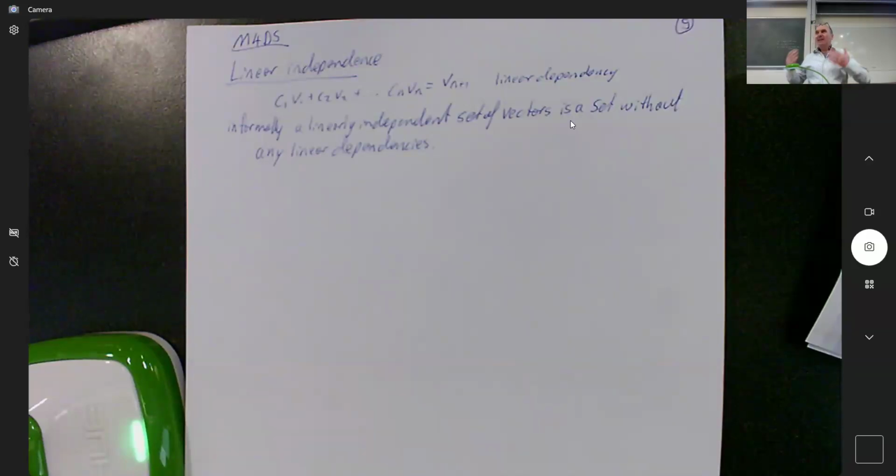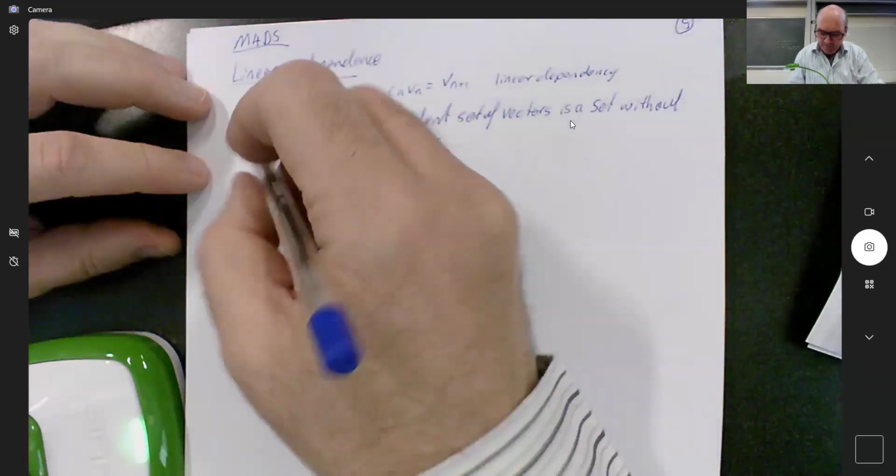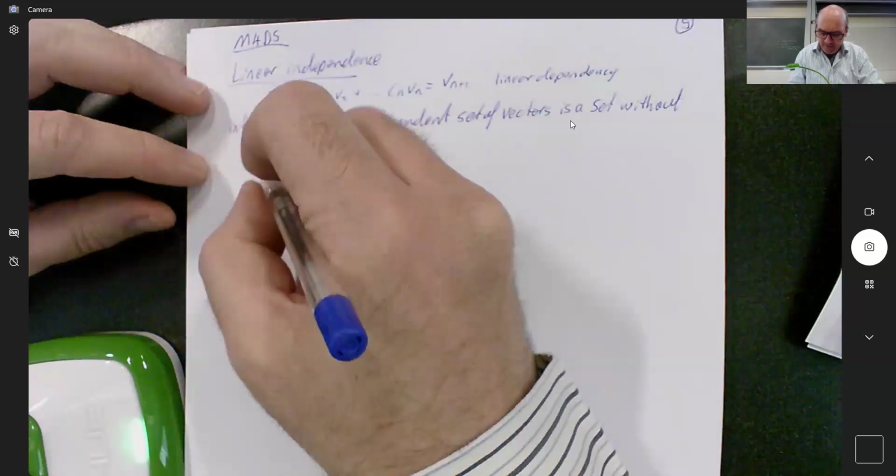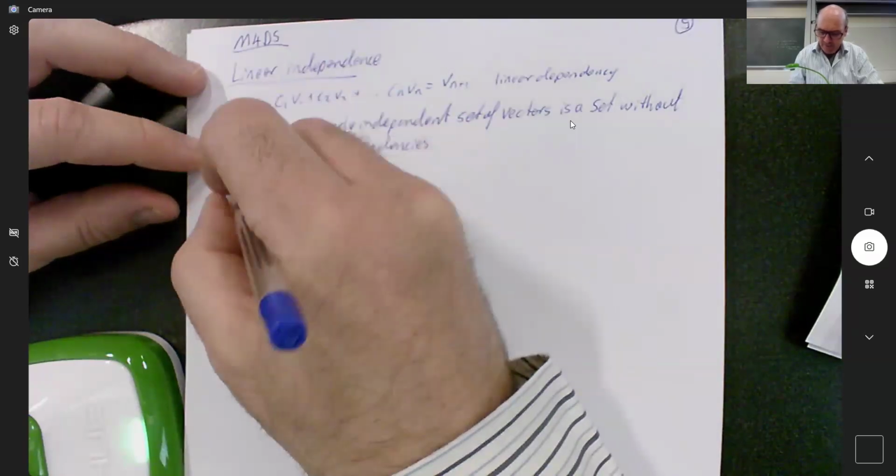But it is a lack of dependency. It's saying I can't use a subset of those values to write one of these vectors. So we do that by going, actually, the set of vectors.